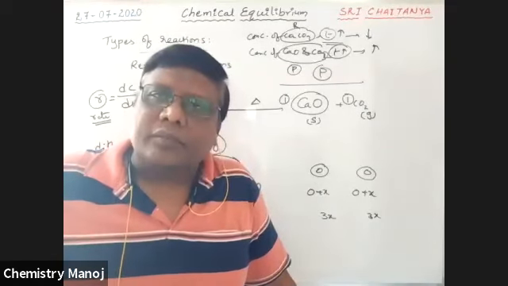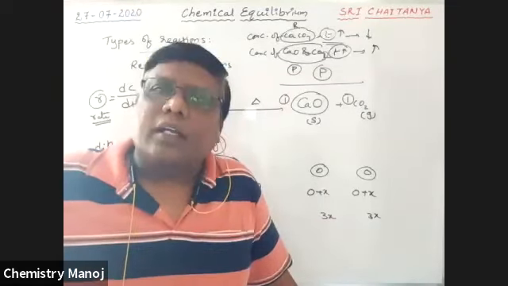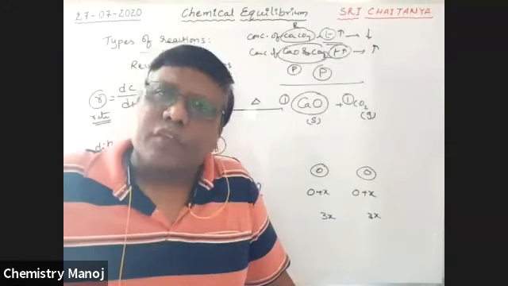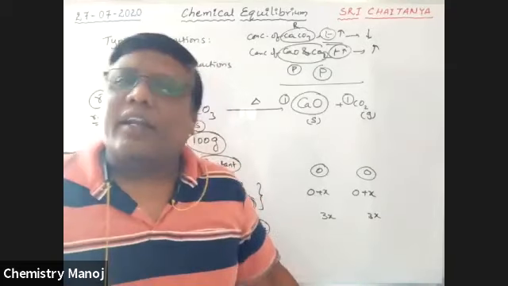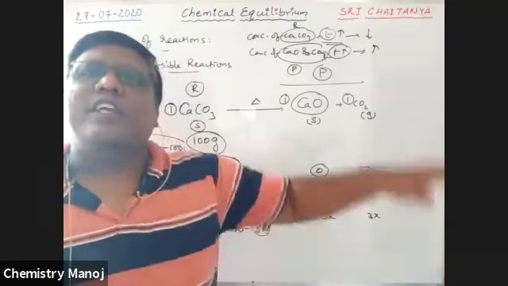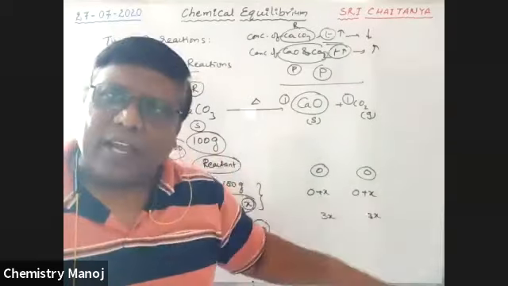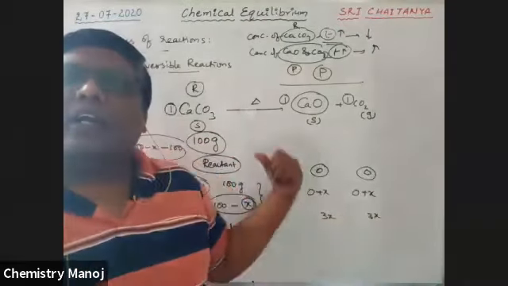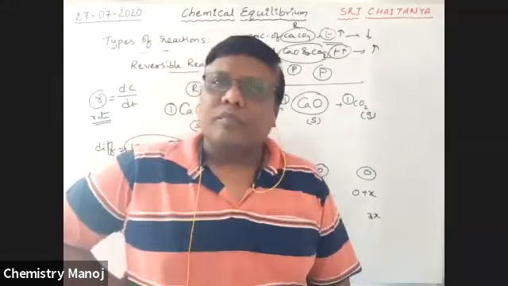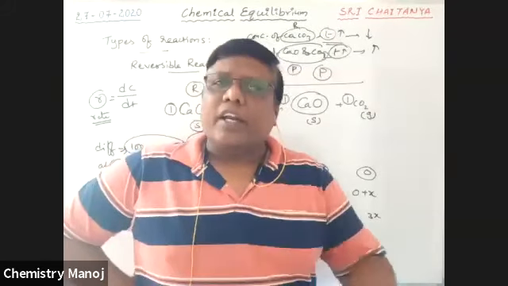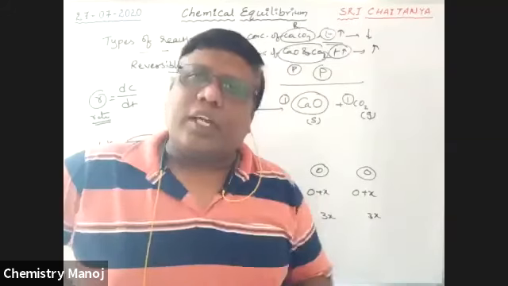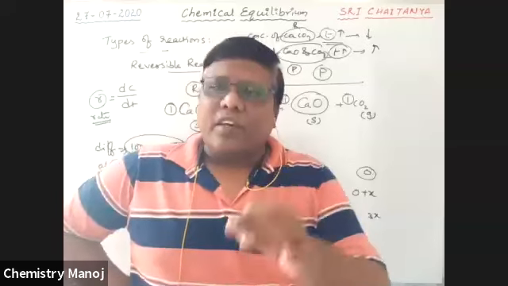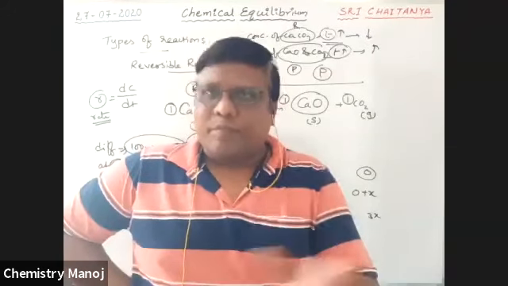is called rate of reaction. The change in concentration: reactant value is decreased, products value is increased. The decrease in concentration of reactants or increase in concentration of products per unit time is called rate of reaction. That is very, very important. Later I will use this statement, my dear boys.